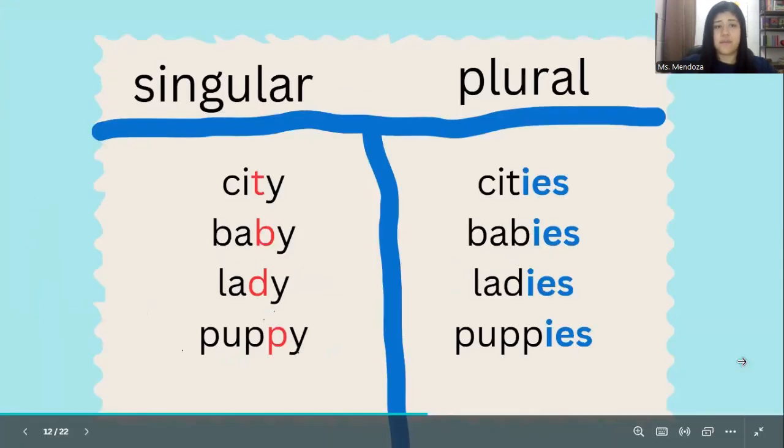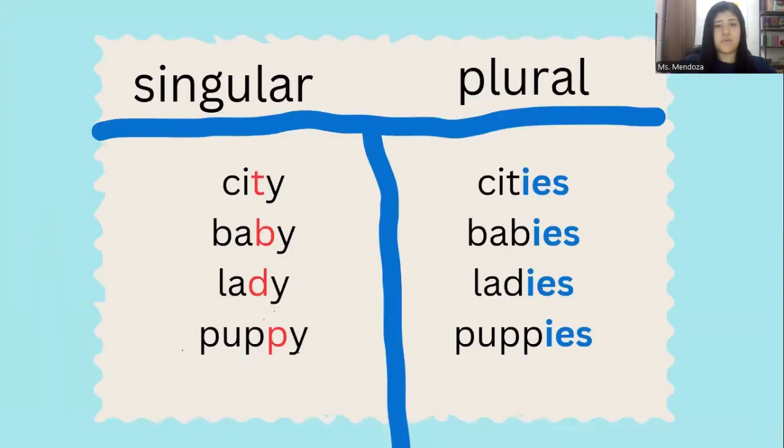Let's take a look at some examples. Some singular words could be city, baby, lady, and puppy.